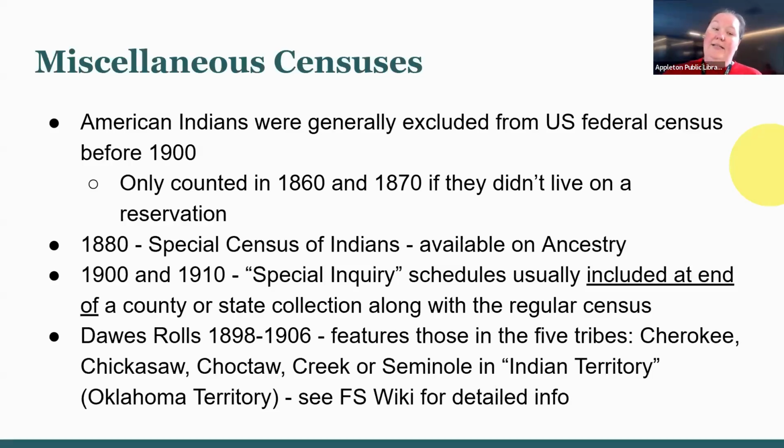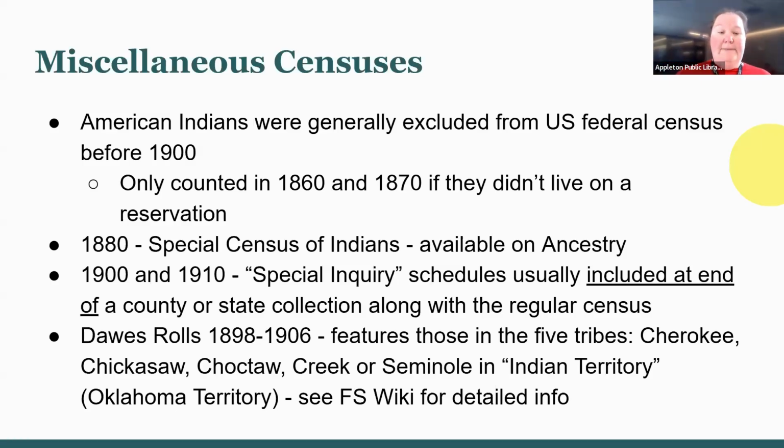In 1900 and 1910, they had what they called the Special Inquiry Schedule, which is at the end of a county or state collection with the regular census. There's also something called the Dawes Rolls from 1898 to 1906 that feature people in the five tribes of Indian Territory, which is now Oklahoma.